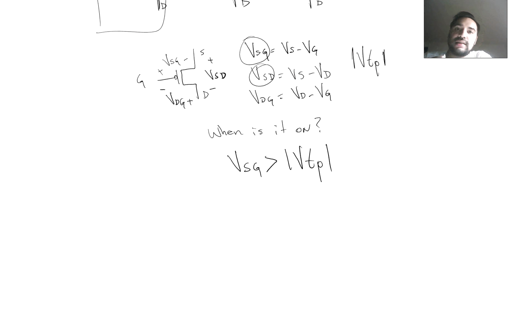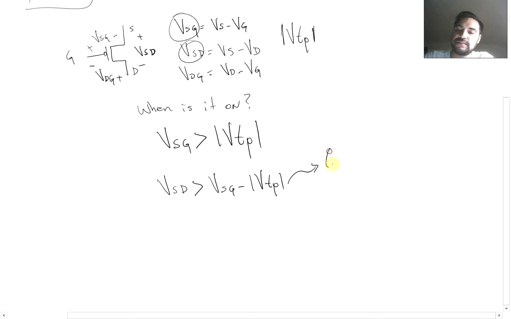And it's the same as the NMOS, but with different source and drain positions. When VSD is greater than VSG minus the absolute value of VTP, and as we saw on the NMOS, if this is true, then it's in saturation, and when it's false, it's going to be in triode.